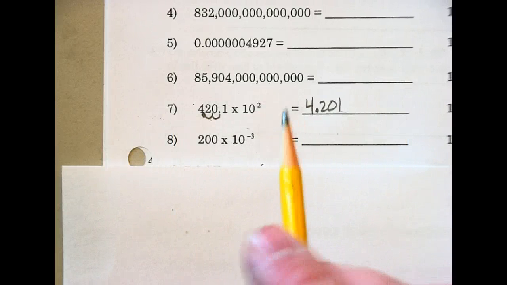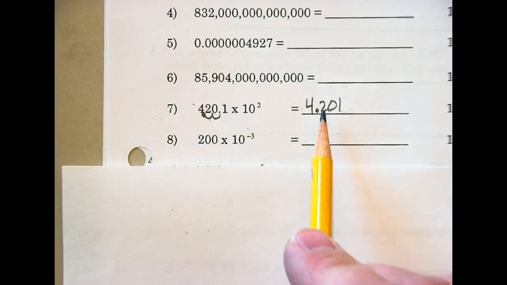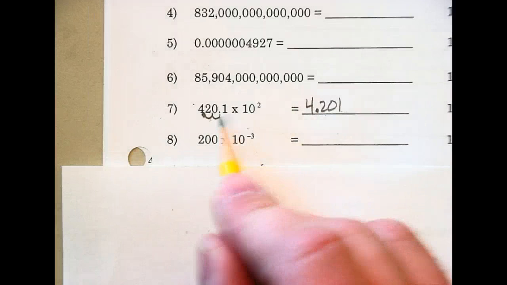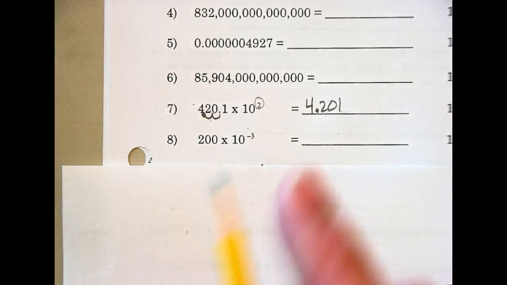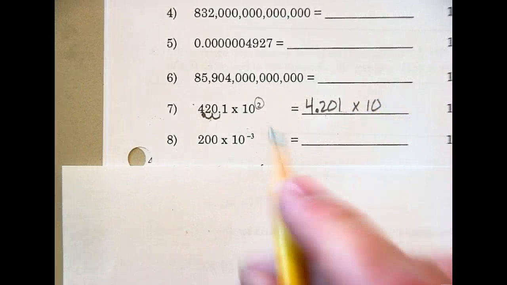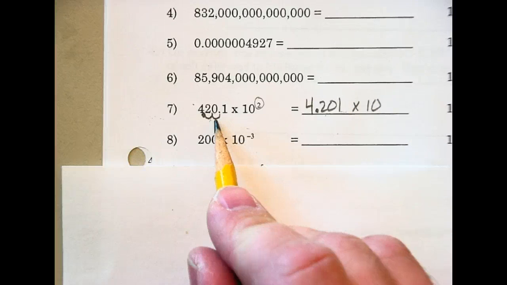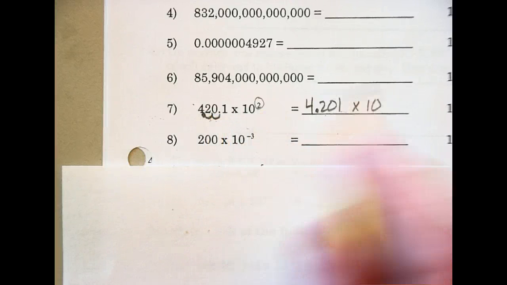It got smaller. Okay, we had $420. Now we have $4, right? It got smaller, which means if this number gets smaller, what happens to this power? It gets bigger. How much bigger is it getting? How many places do we move? 2. So it gets bigger by 2.